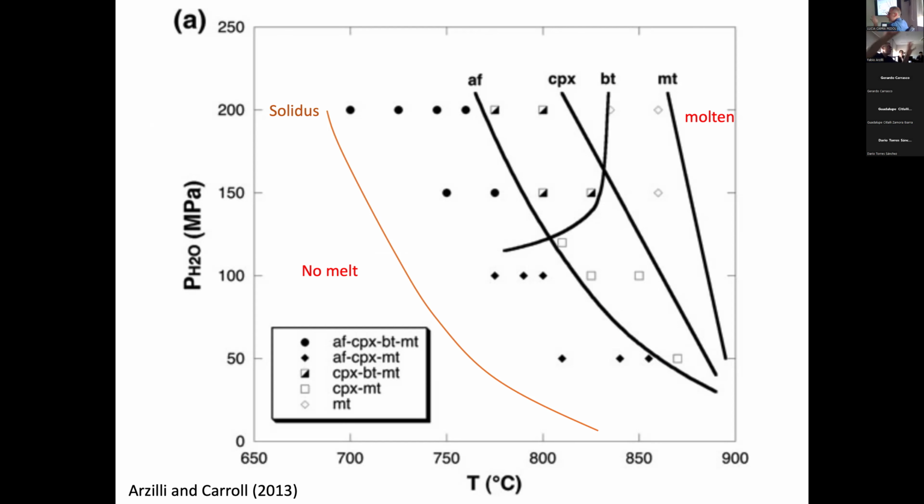This is the way to read it. And the other information is that if I move from here to here, I impose several undercoolings, depending on the liquidus. So if we make a realistic example, I stop here.